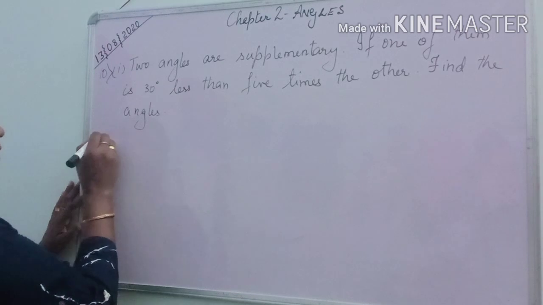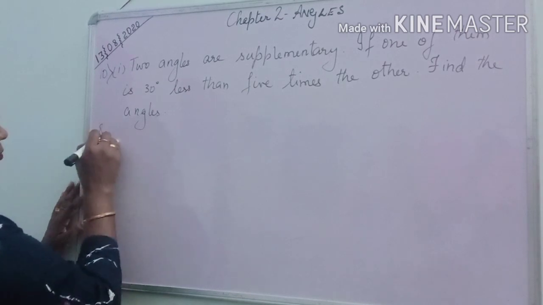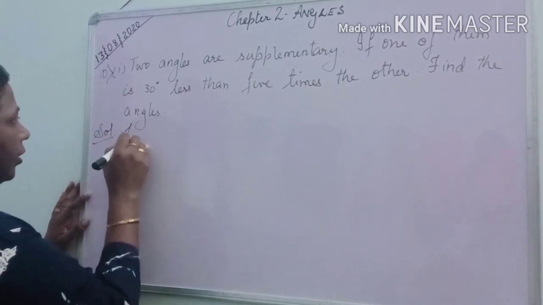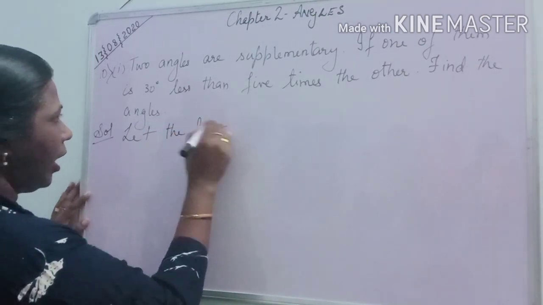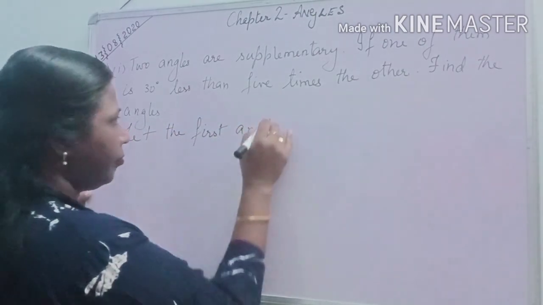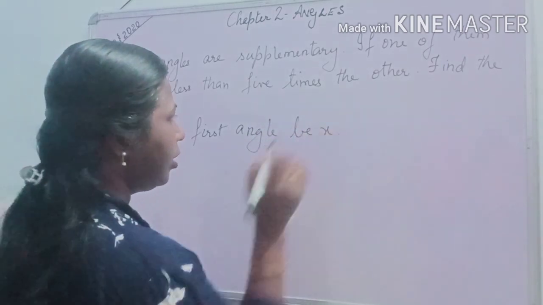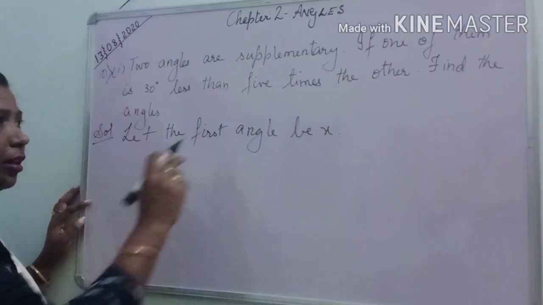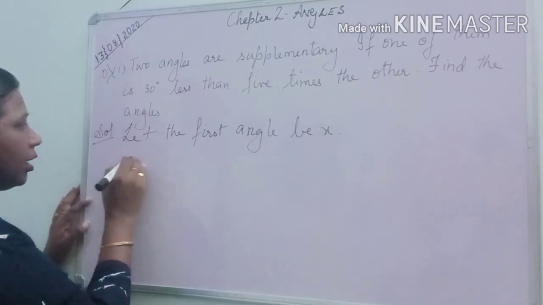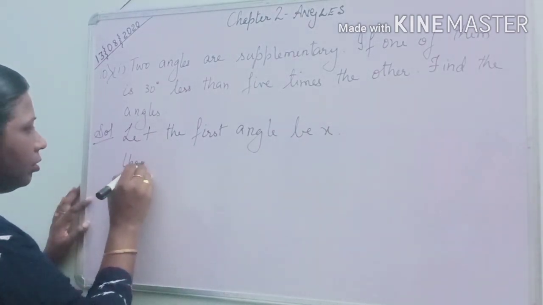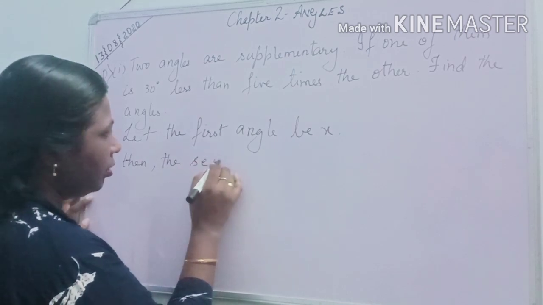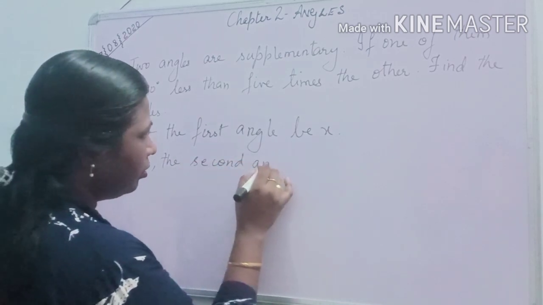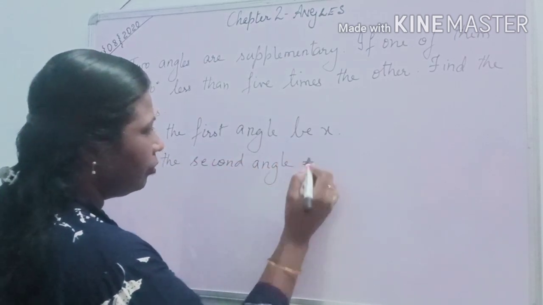So we can write, let the first angle be x. If we are taking the first angle as x, then what will the second angle be?